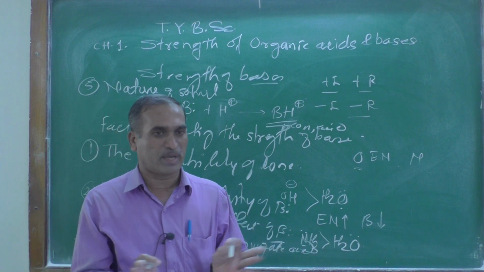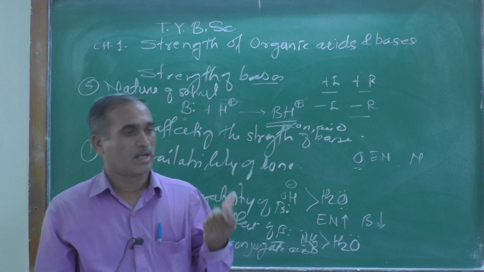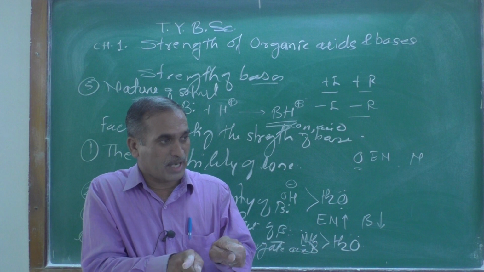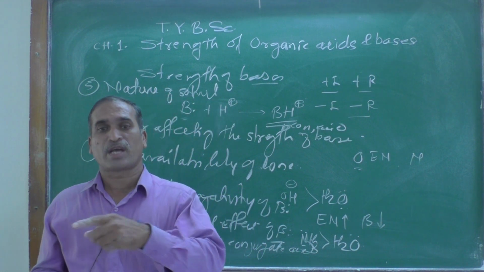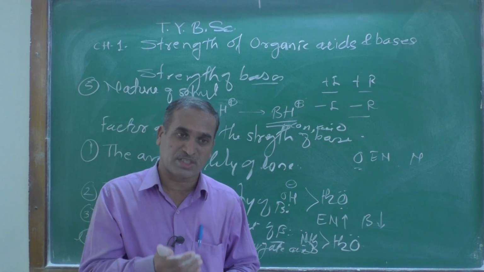The role played by the solvent is very important, because a polar solvent solvates the base, and therefore the non-bonding electron pair is not available for donation, and for this reason the basicity decreases.